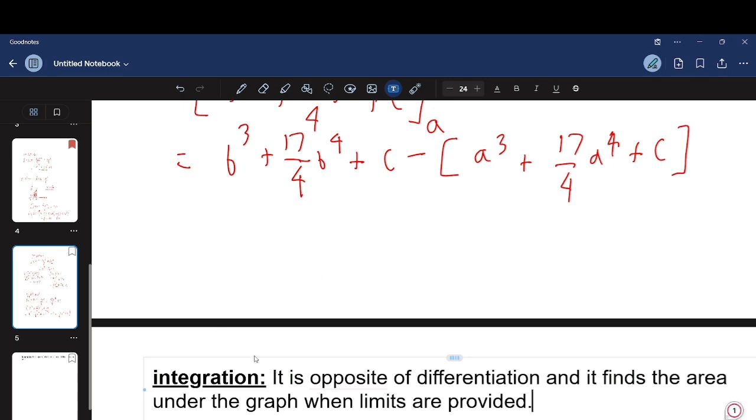That's it. This is the definition of integration.